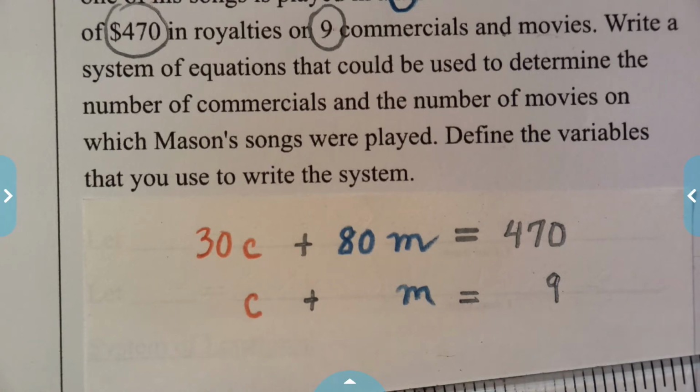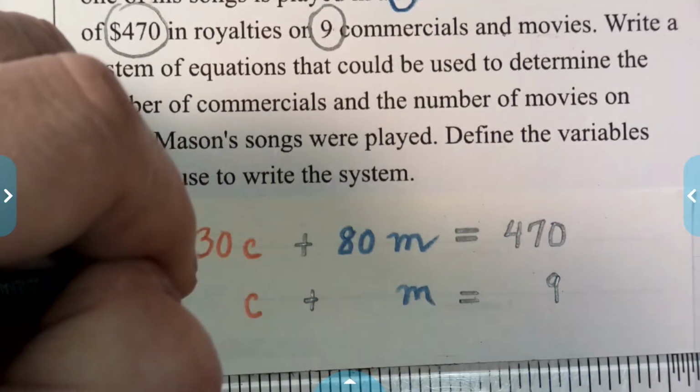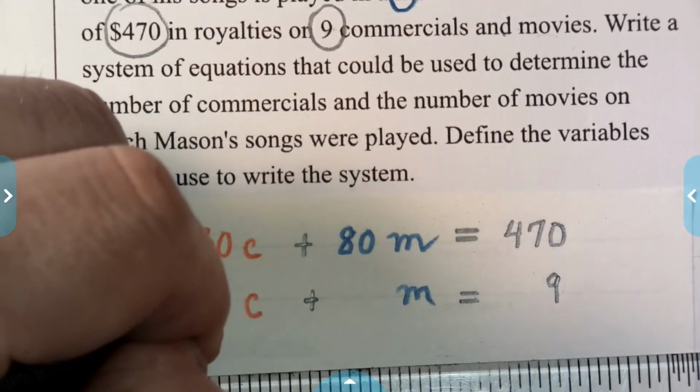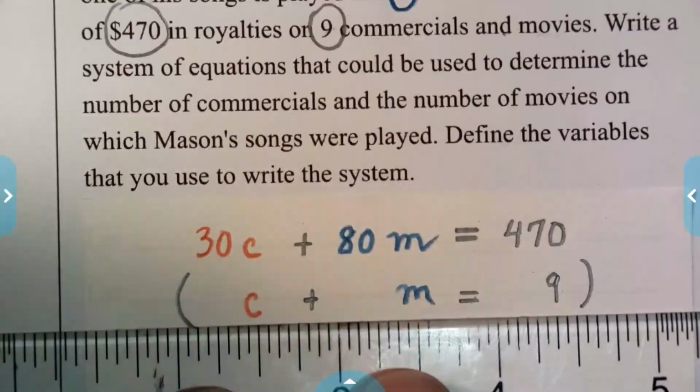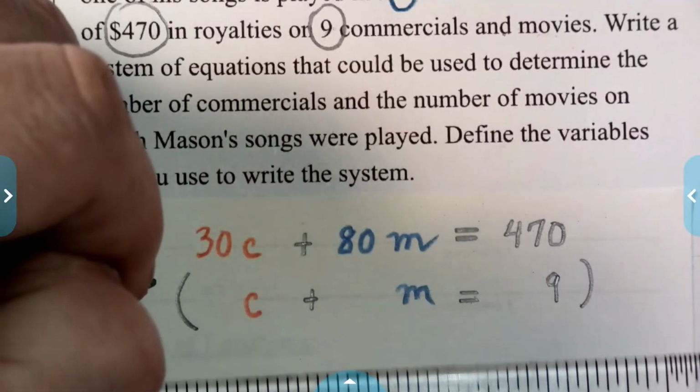You know, how do you want to proceed here? I think the easiest thing to do would be to multiply this left equation here by negative 30. Okay, so I'm going to multiply this by negative 30.